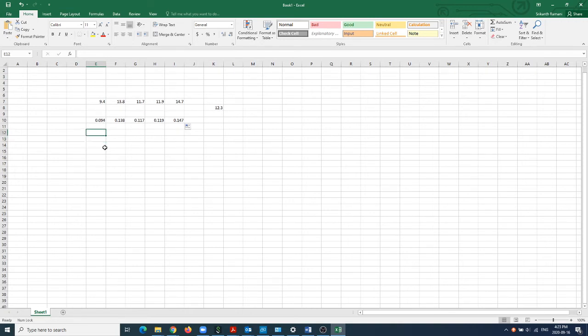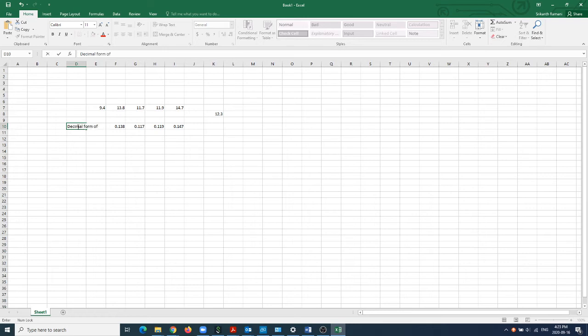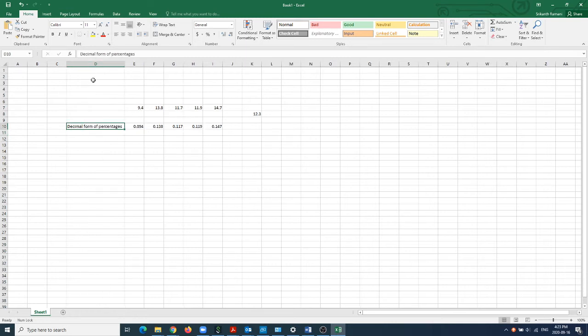These are the decimal form of percentages, and now you need to add the 1 plus, the cumulative percentage.